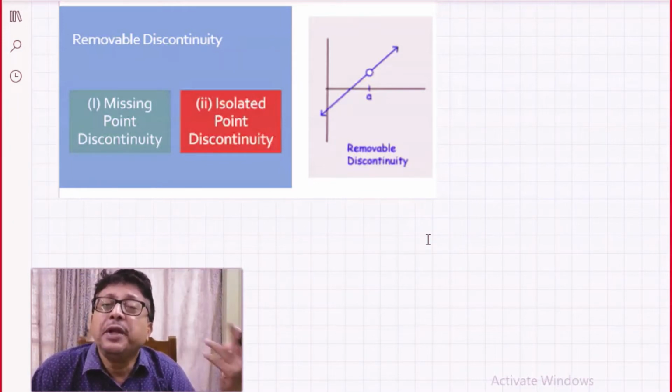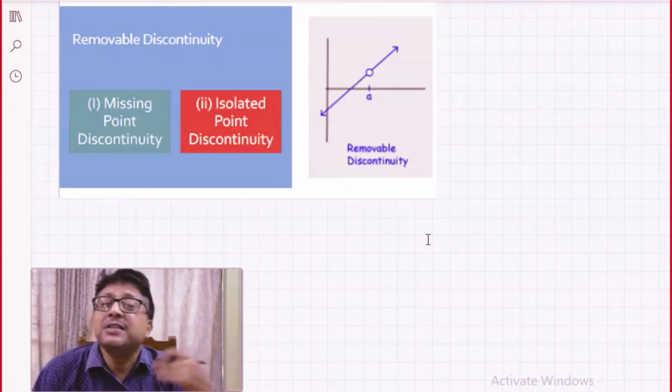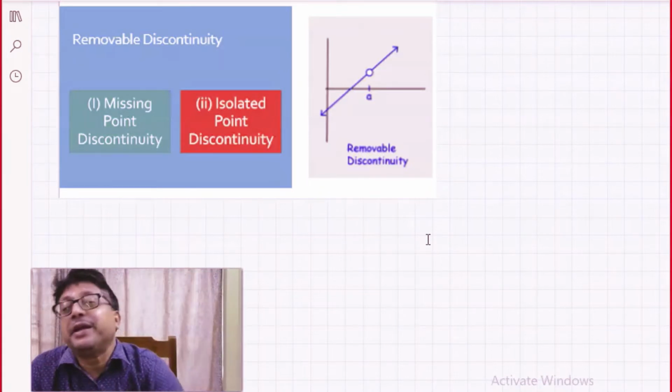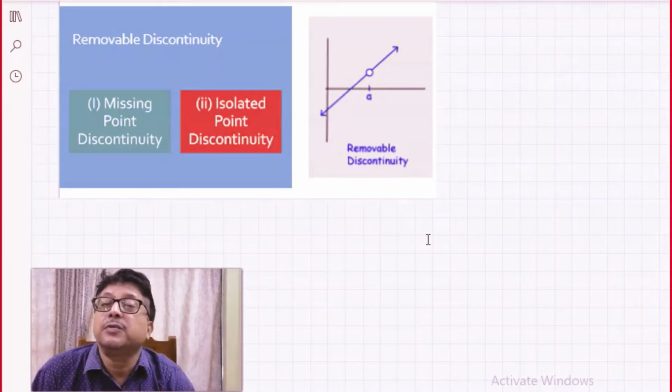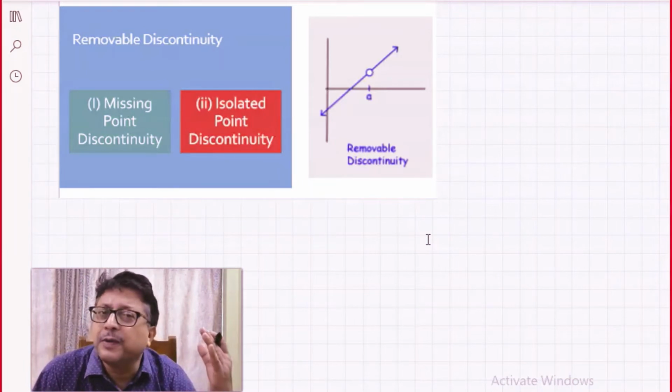Sometimes we need to redefine a function so that it becomes continuous. That is said to be the extension part of our discontinuous function, where we are going to make it continuous by changing a part of the function. Which part you guess? That part is going to be the functional value part.